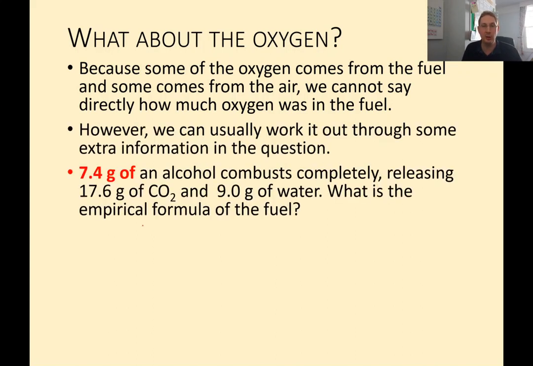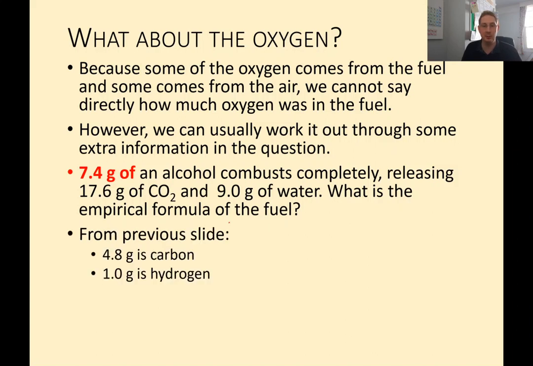But if we are told that 7.4 grams of an alcohol combusts completely, releasing this amount of CO2 and water, now we've worked out the amount of carbon and the amount of hydrogen, so we can say the mass of oxygen that must be in that fuel. 1.6 grams must be oxygen from the fuel.